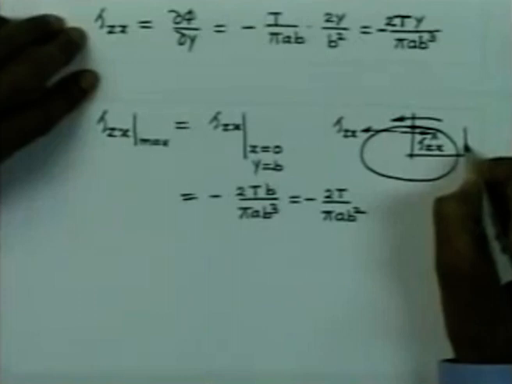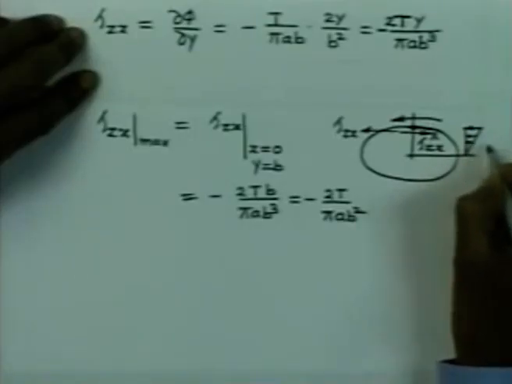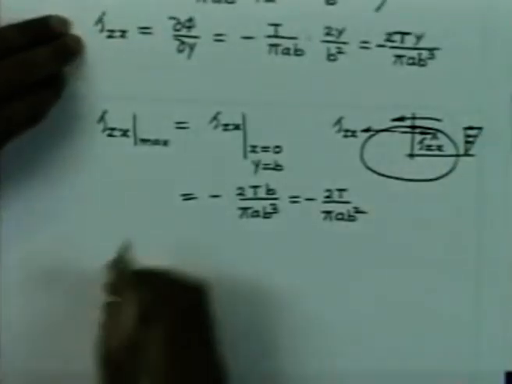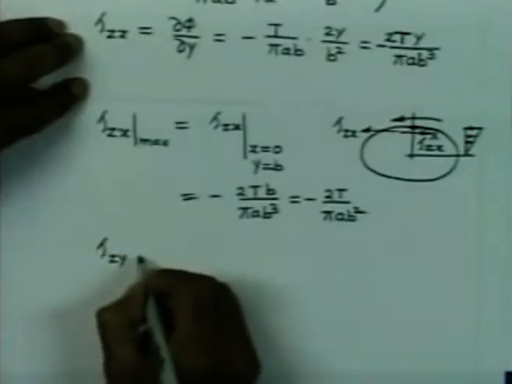What we have got here is that the shear stress is varying linearly along the y axis, like this. For a particular x, the variation is linear and it is maximum at that point. Now, let us see what happens to the other component of stress, tau zy.